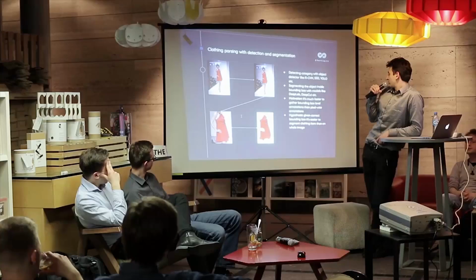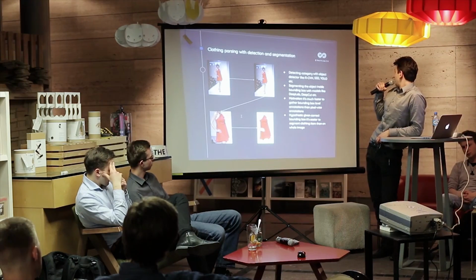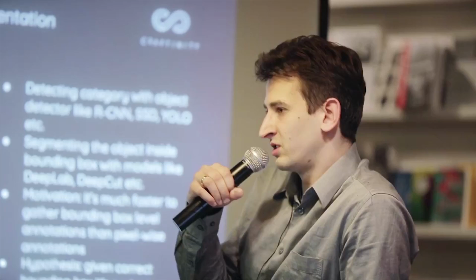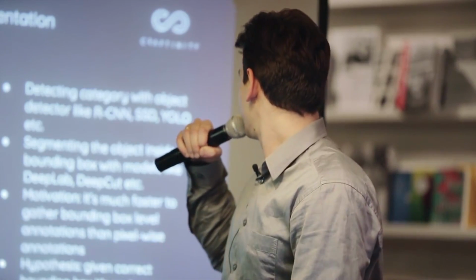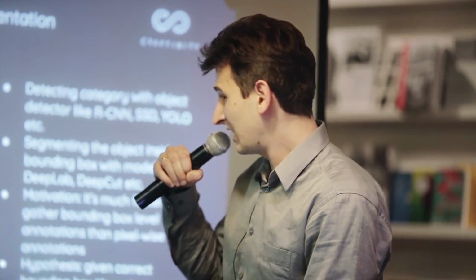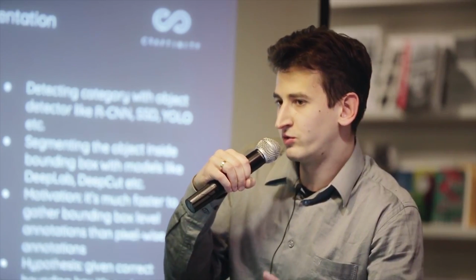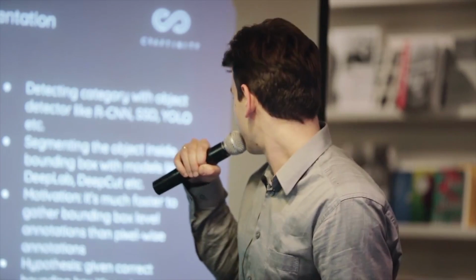We can use many available models, for instance RCNN, SSD, or YOLO, and others. Later we perform the segmentation only inside this bounding box, but with only two classes, background and foreground. We need to decide inside this bounding box which pixel belongs to the clothing or to the background.